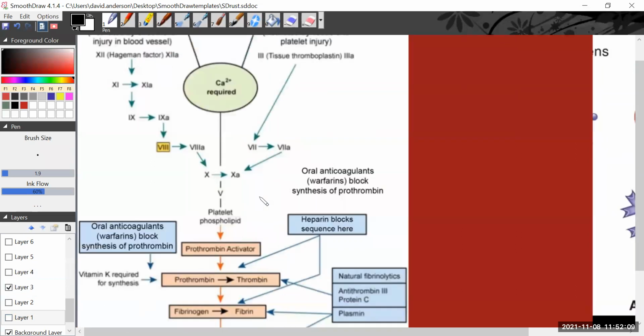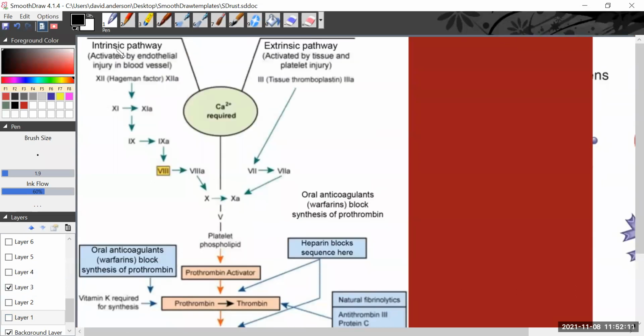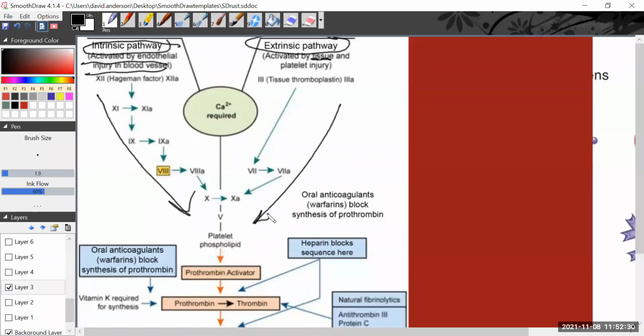I don't want you to spend time on these diagrams here, but recognize in this picture that what we're looking at is an intrinsic pathway and an extrinsic pathway. Tissue injury within the blood vessels themselves, changes within the blood vessels, like the exposed collagen that starts the pathway. Down we go, down we go. We need calcium.